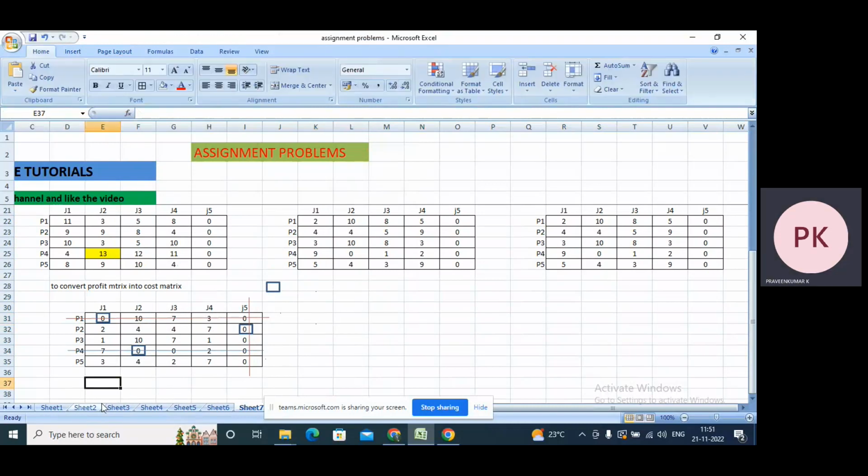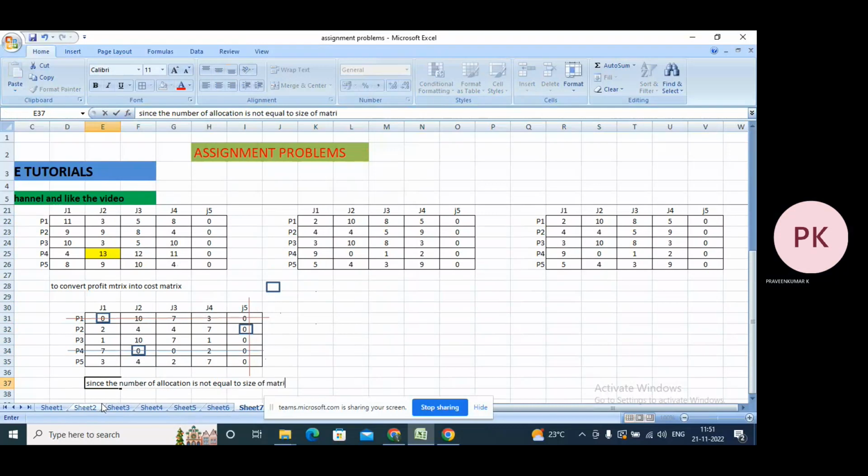See now, check: since the number of allocations is not equal to the size of the matrix, therefore the solution is not optimum.